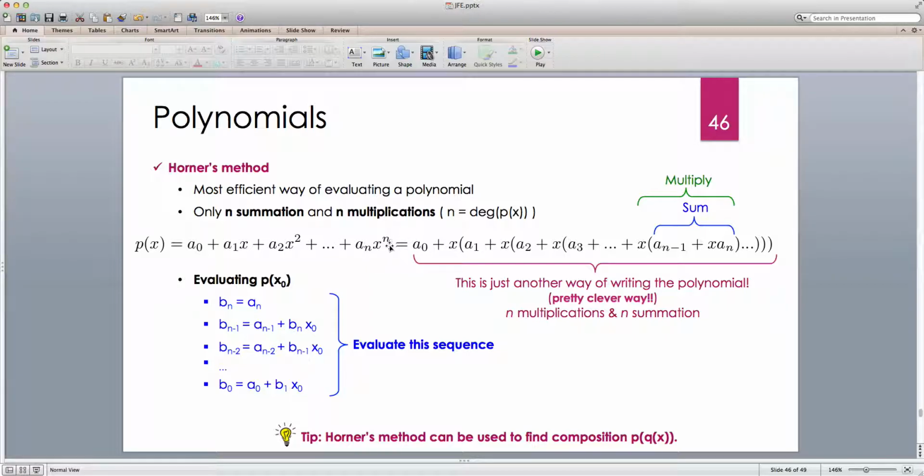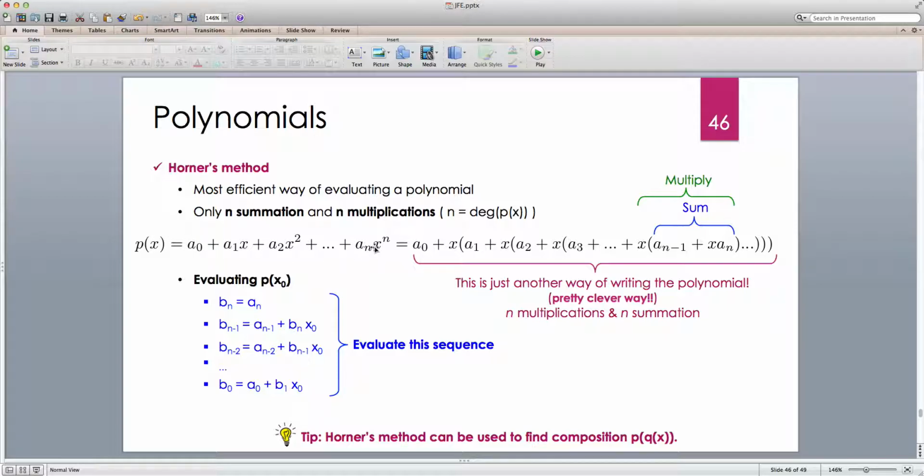Now if we just evaluate it exactly in this way, then basically the last term, the highest power, has n plus 1 multiplications, because raising x to the power of n basically means multiplying x by itself n times and then multiplying by an. So n plus 1 multiplications, the next term has n multiplications, all the way to 1 multiplication, and then the constant term is basically 0 multiplications.